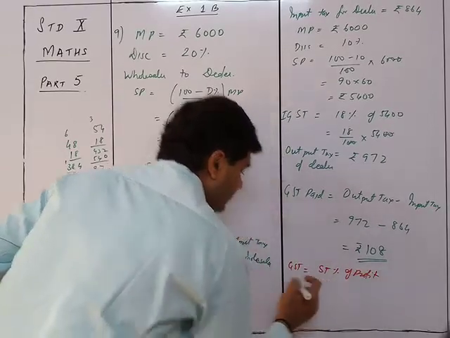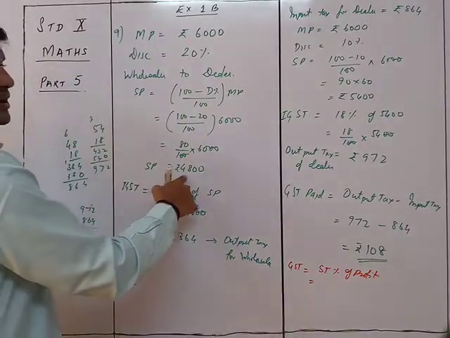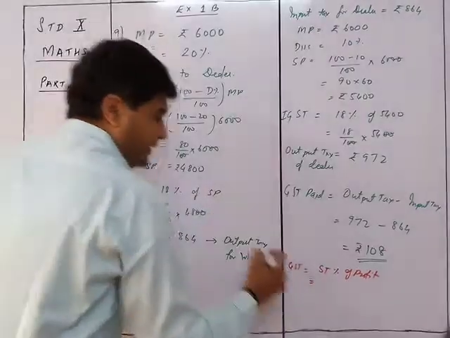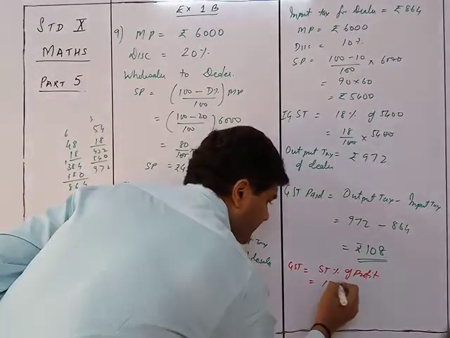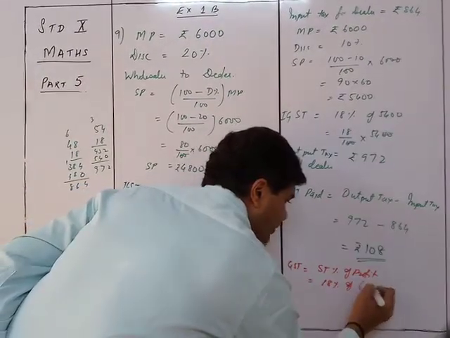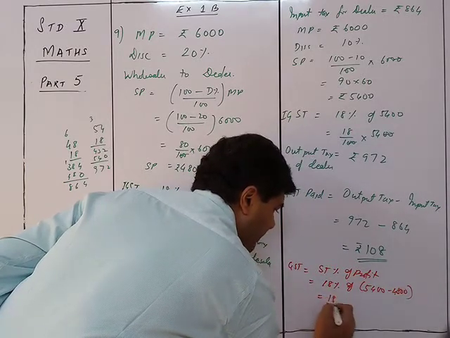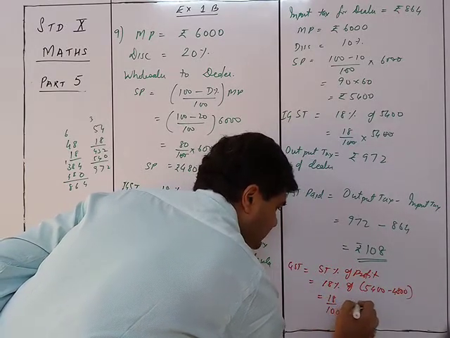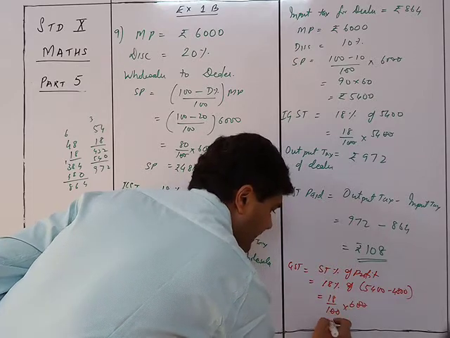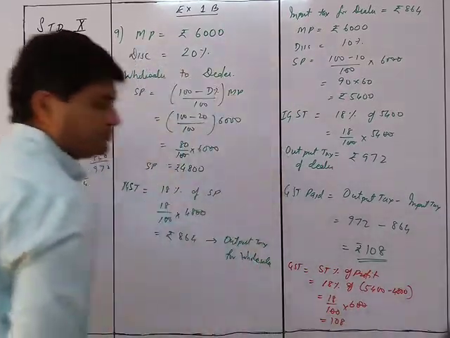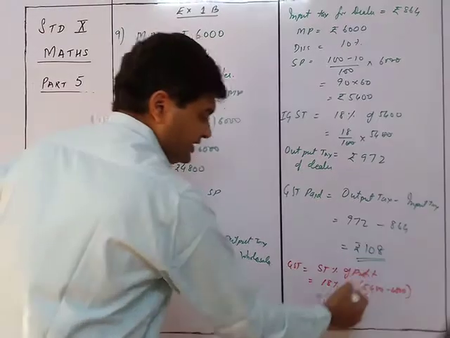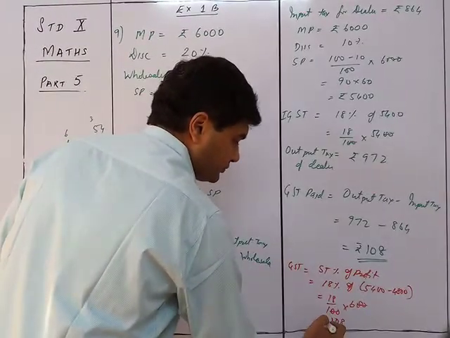The profit is 5,400 minus 4,800. It is 18% of (5,400 minus 4,800), that is 18 upon 100 into 600. So 18 sixes are 108. Hence, you can see the answer is the same.